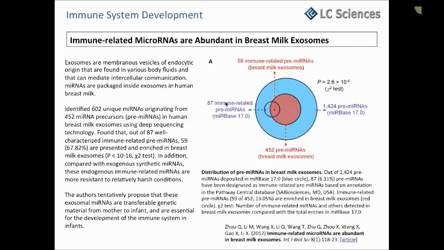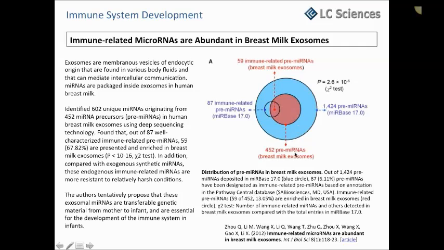The first paper here is from last year, and is talking about how microRNAs might be really crucial in the development of the immune system for newborns. It was shown that immune-related microRNAs are abundant in breast milk exosomes. This was all done with next-gen sequencing.